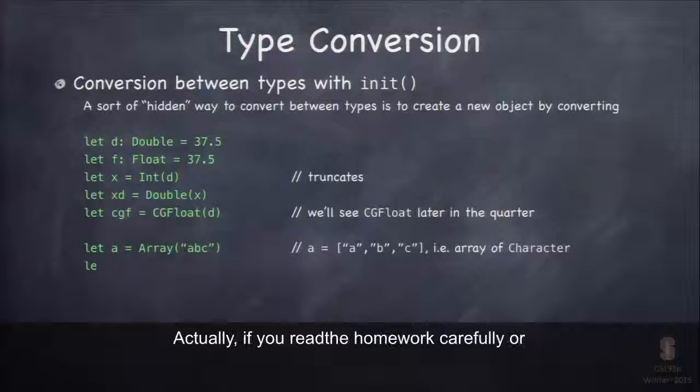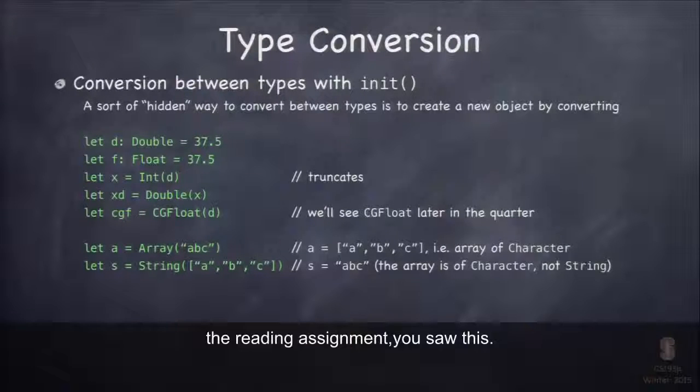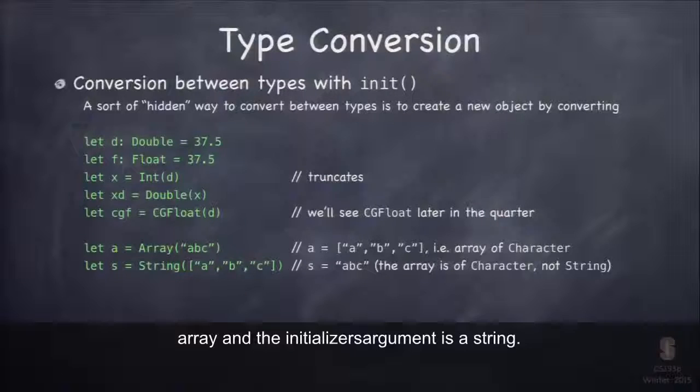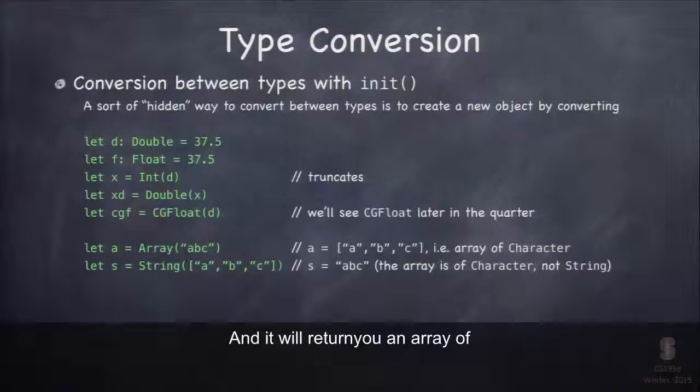But you might also be surprised, if you read the homework carefully, or the reading assignment, you saw this, that you can convert arrays and strings using these initializers. For example, you can say Array of a string, so create a new array where the initializer's argument is a string, and it will return you an array of all the Unicode characters in that string.